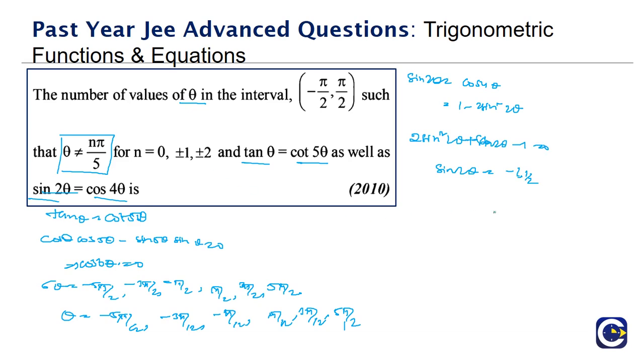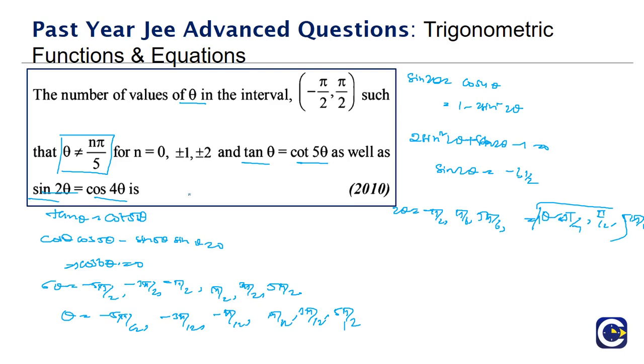Now for the conditions, you should write 2 theta is equal to minus pi by 2, pi by 6, 5 pi by 6, which implies theta is equal to minus pi by 4, pi by 12, 5 pi by 12. These are the values of theta, and we should get the intersection of both.